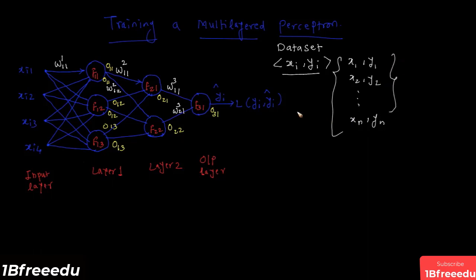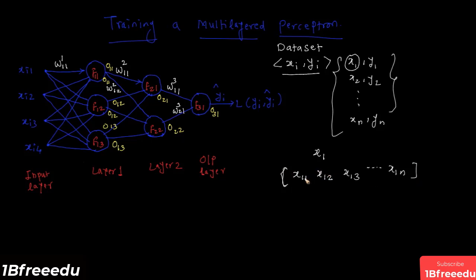Now here this x is an input, but that input may have many features, or it may be a multi-dimensional input. So I can write x1 as x11, x12, x13, and so on, up to x1n. This input x1 has, let's say, n features or n dimensions.